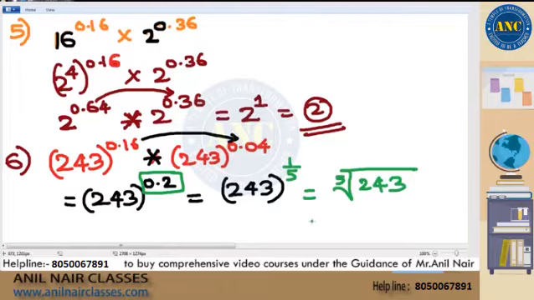That means which number, when I raise it to the power of 5, I will get it as 243. 243 is nothing but 3 power 5. 3 power 5 is 243. So fifth root of 243 is nothing but how much? It is nothing but 3.